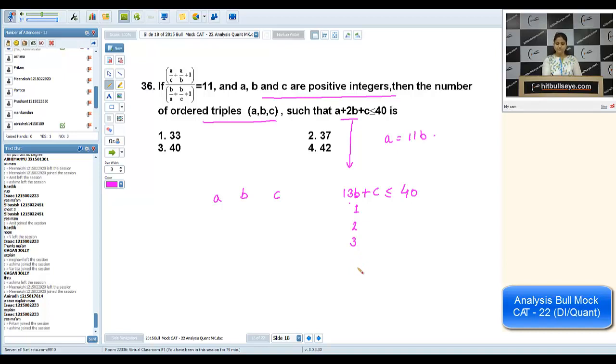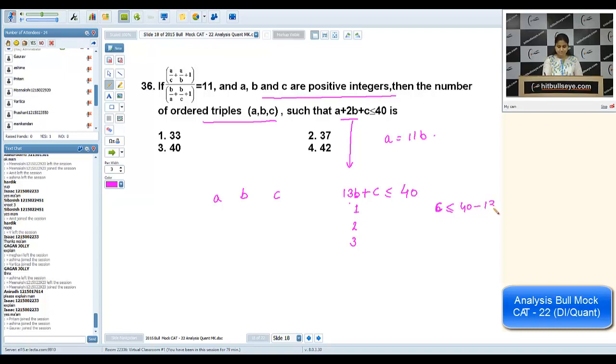So if I take b as 1, it will become 13 plus c less than or equal to 40. That will give you 27. So c can take any value from 1 to 27. Is it okay?